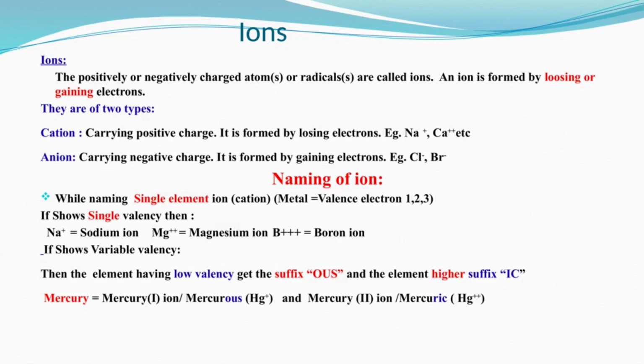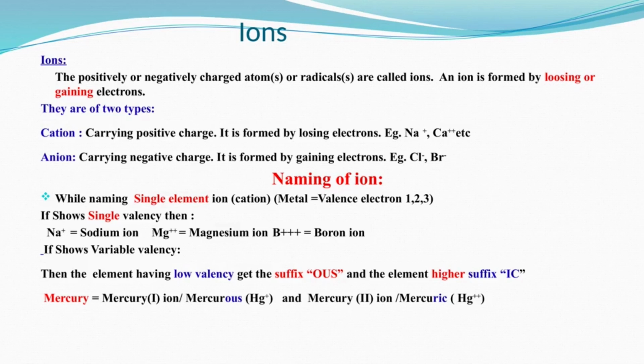And an ion is formed by losing or gaining electrons. How will ions be formed? Ions will be formed only when they gain or lose electrons. If they share the electrons, then there will not be any charge on them. There is no transfer of electrons between the atoms.